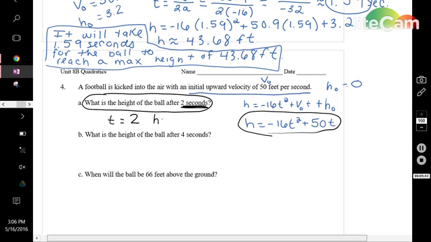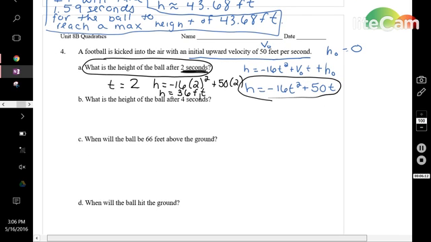So I'd have h equals negative 16 times 2 squared plus 50 times 2. When that is evaluated, I ended up with h being 36 feet. So after 2 seconds, the football will be 36 feet in the air.